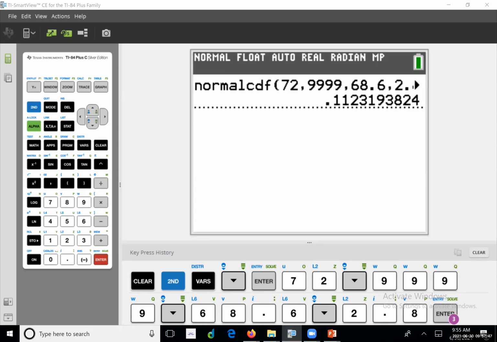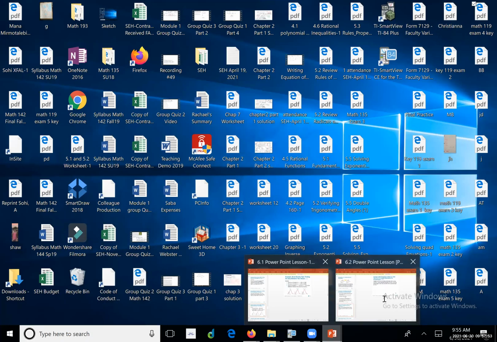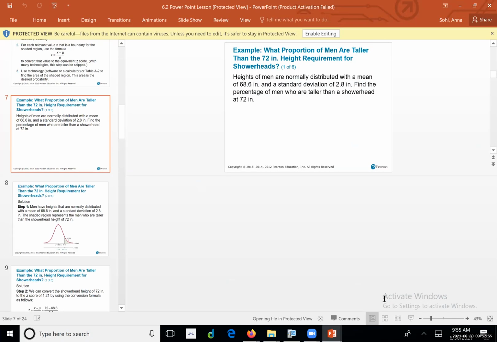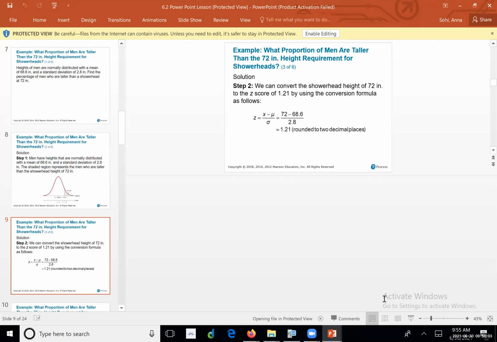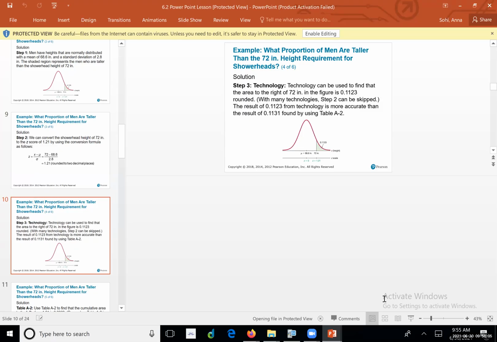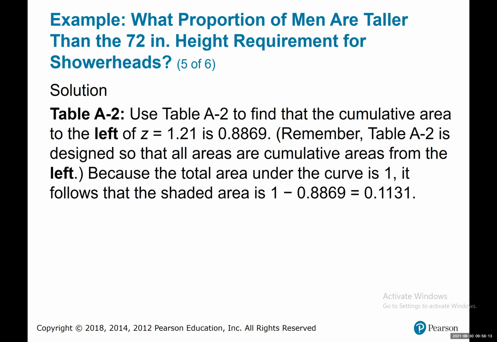So we found it using technology: 0.1123.